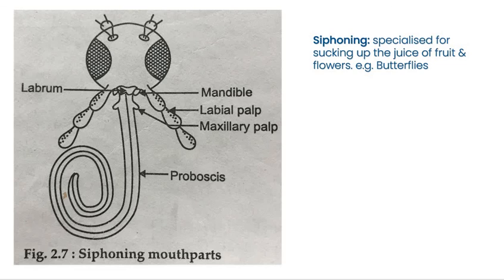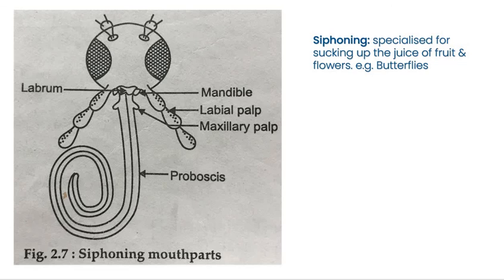When applied together, the two galeae form a complete slender hollow tube, which is the proboscis. So the proboscis is nothing but a modification of the galeae. The two galeae from both sides are halves, and they combine together to form a hollow, elongated, slender, tube-like structure, which we call a siphon or a proboscis.